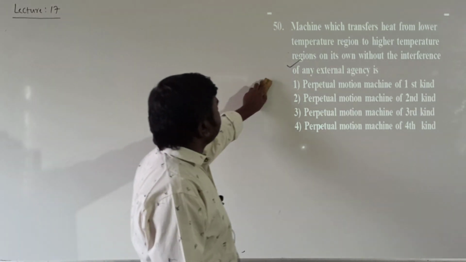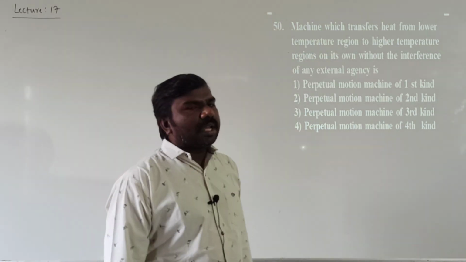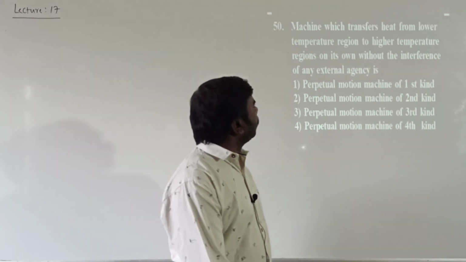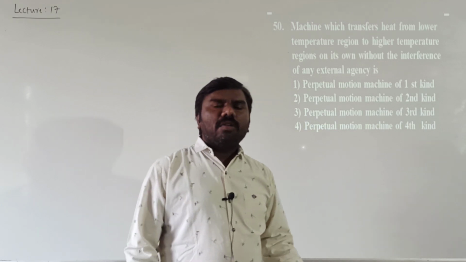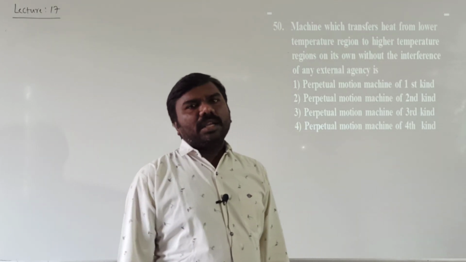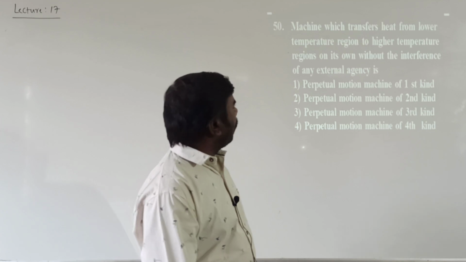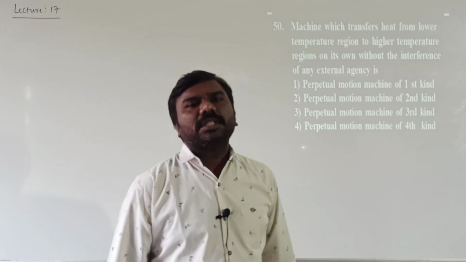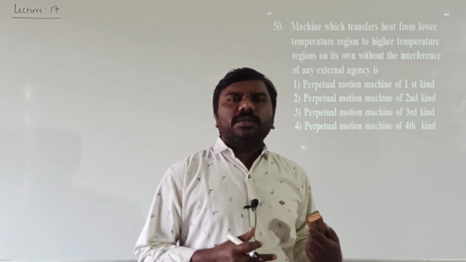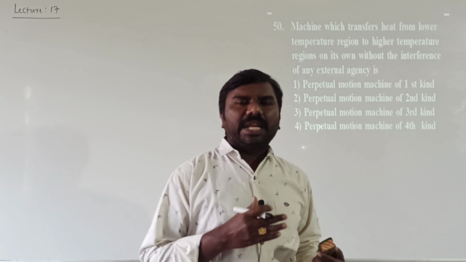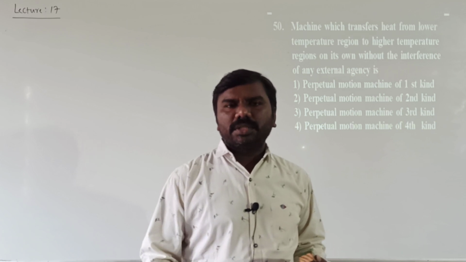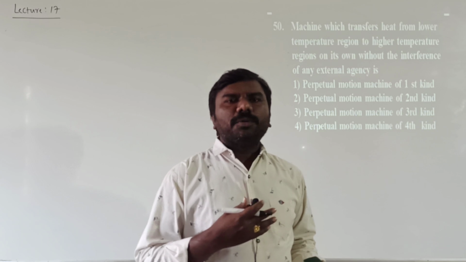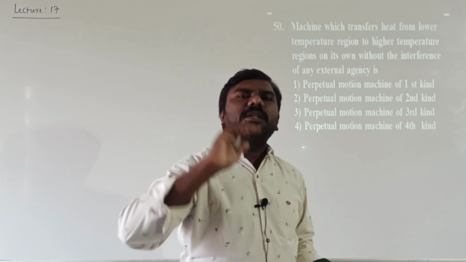50. A machine which transfers heat from a low temperature region to a high temperature region on its own, without the interference of any external agency, without the help of any others, will it be possible to shift heat from low temperature to high temperature? Very difficult. Without any help, difficult to move water from low level to high level.